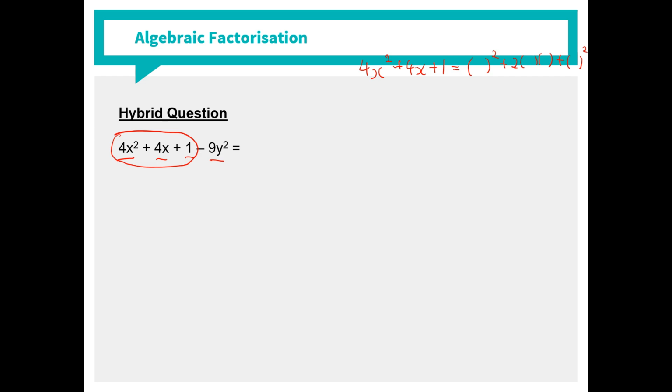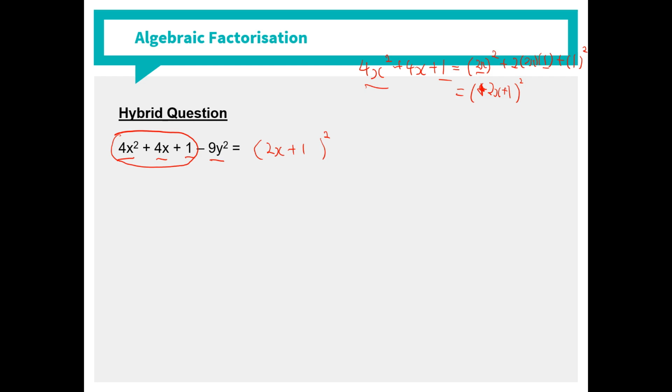The first term is actually 2x, so you end up with 2x plus 1, whole thing squared, right? Let's write that down.